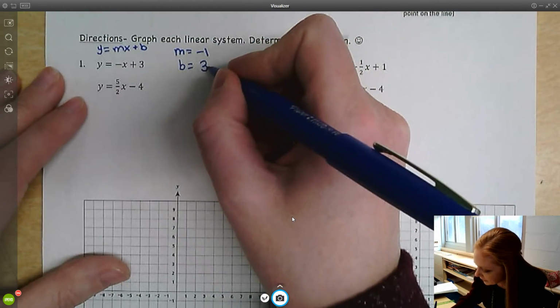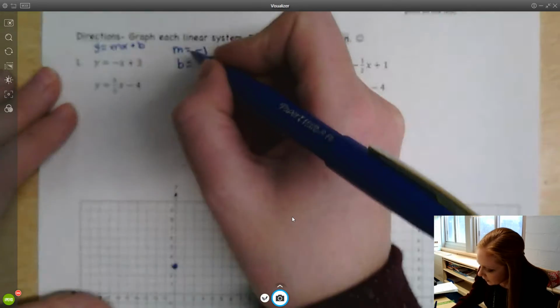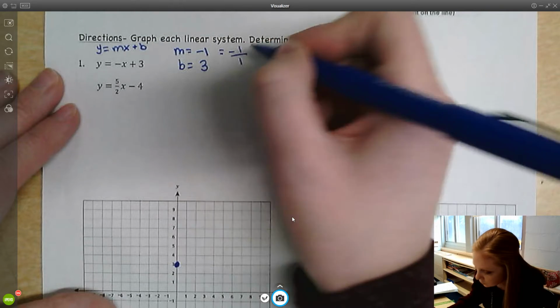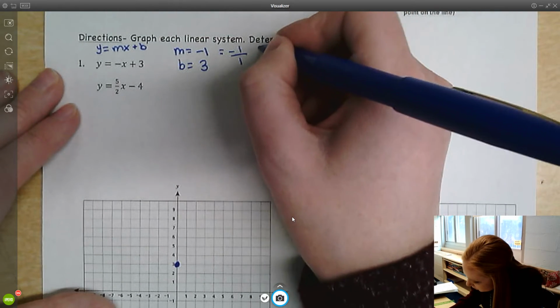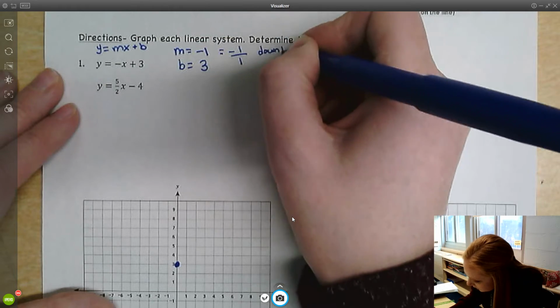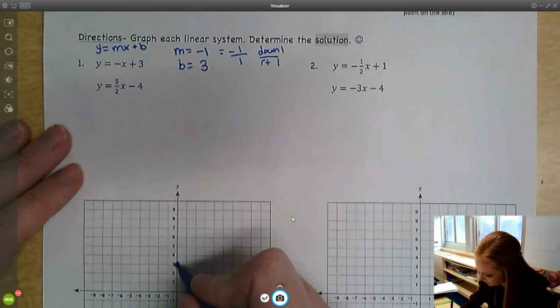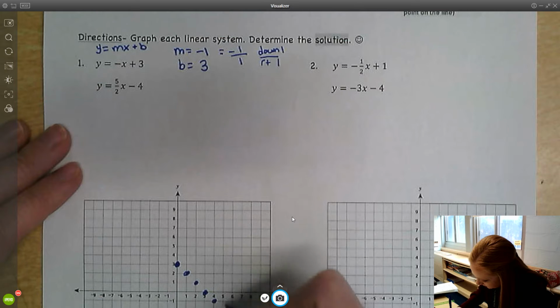So this means we're going to begin at 3 on the y-axis. And we have to write this slope as a fraction so we know how to move. Whenever it's not a fraction, you can put it over 1. So this means we're going to be going down 1, right 1. Beginning at 3, down 1, right 1, down 1, right 1, down 1, right 1, and so on.